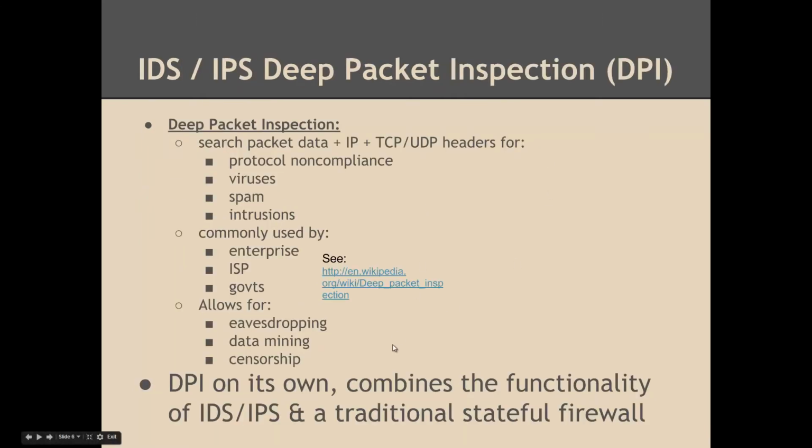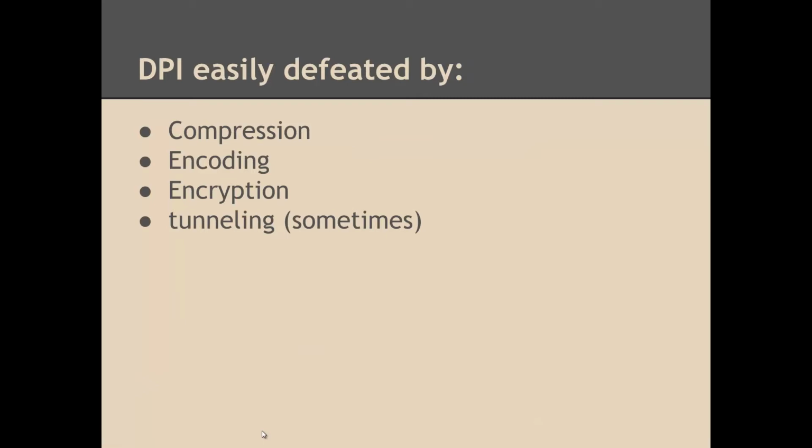So the point of deep packet inspection is it combines stateful packet inspection with firewall and IDS and IPS. And all these technologies, however, are very trivially defeated, usually by any form of compression, such as just regular zip, tar, GZ, bzip, you name it.